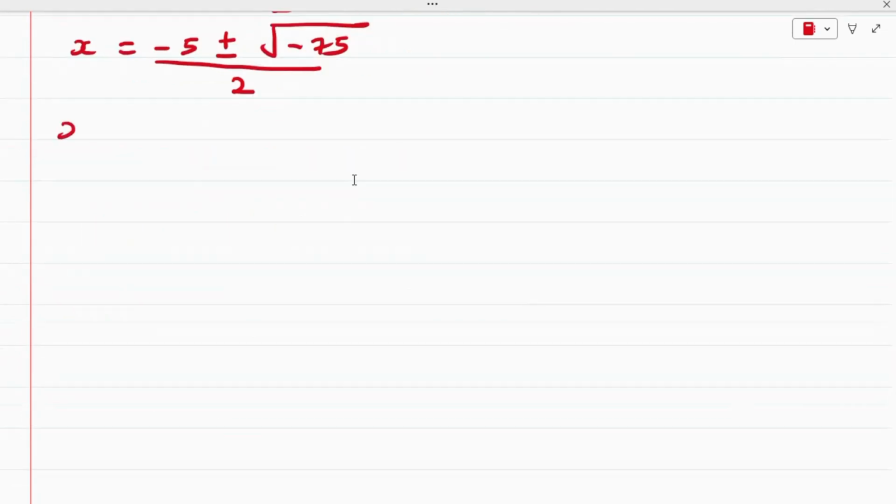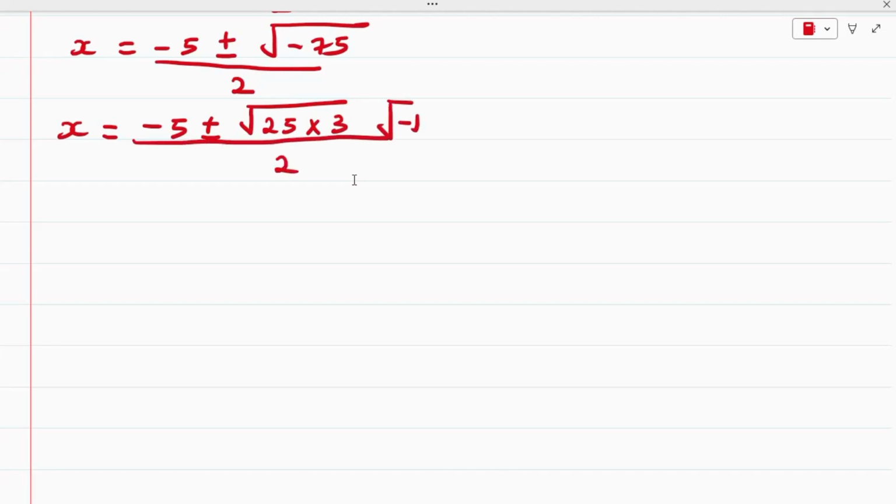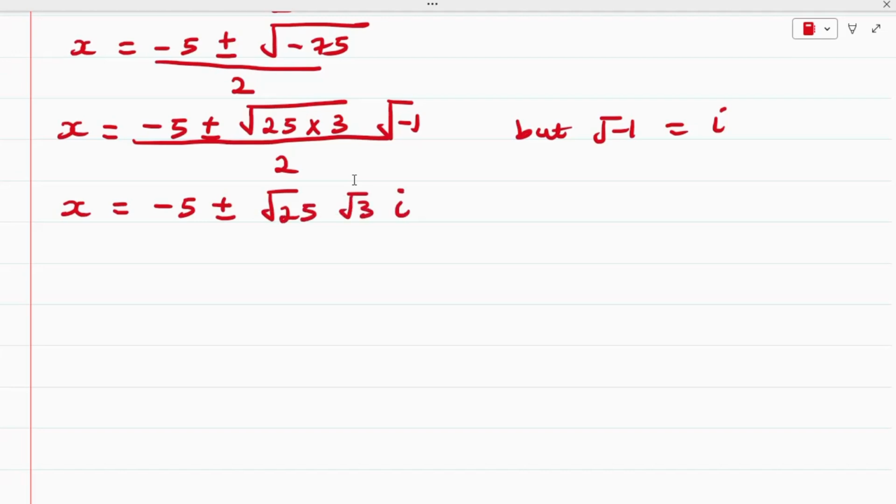So we have that x is equal to minus 5 plus or minus, now 75 can be written as 25 multiply 3, and this is equal to the root of negative 1, all over 2. But the root of negative 1 is equal to i, so we have that x is equal to minus 5 plus or minus the root of 25, the root of 3, the root of negative 1 is i, over 2.